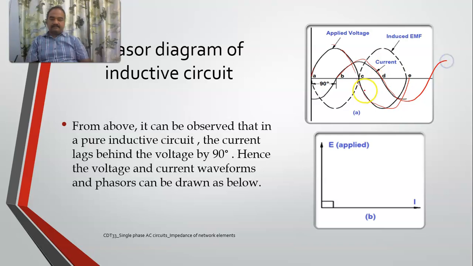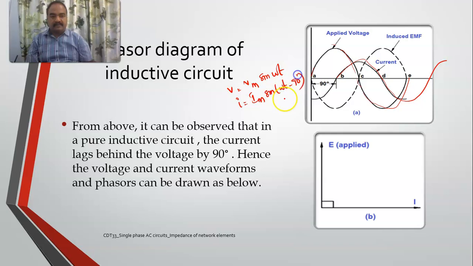It will be like this. So it is because we have V is equal to Vm sin omega t, I is equal to Im sin omega t minus 90 degrees. So current will be lagging the voltage by 90 degrees regarding the angle.